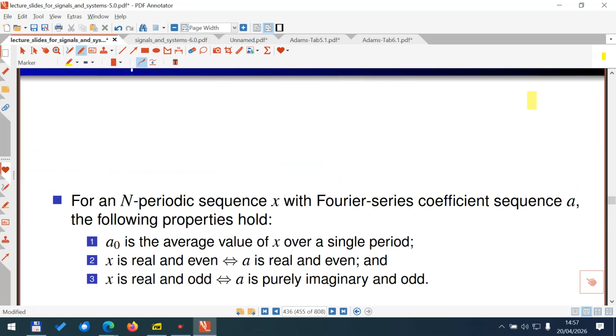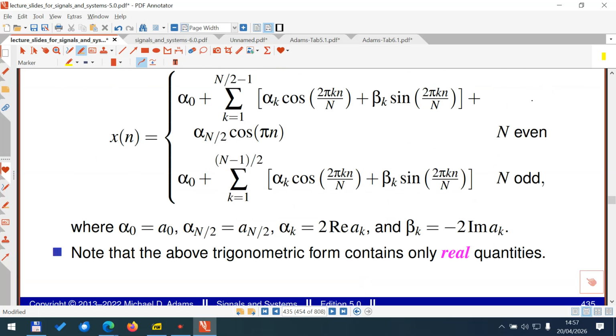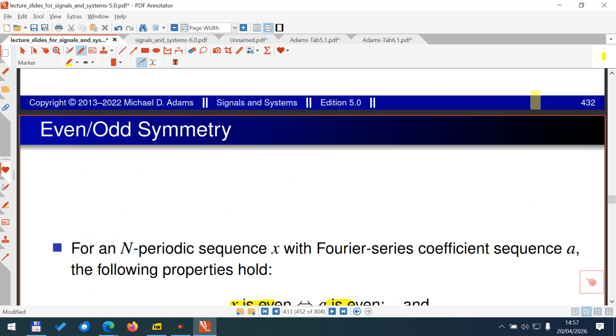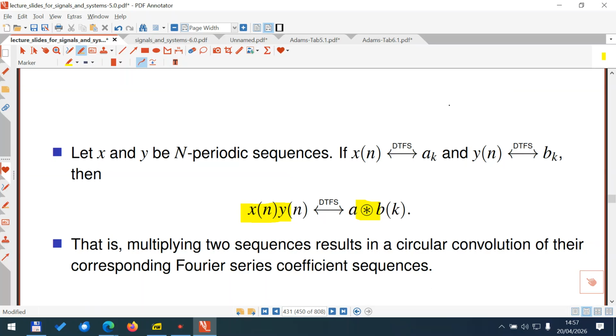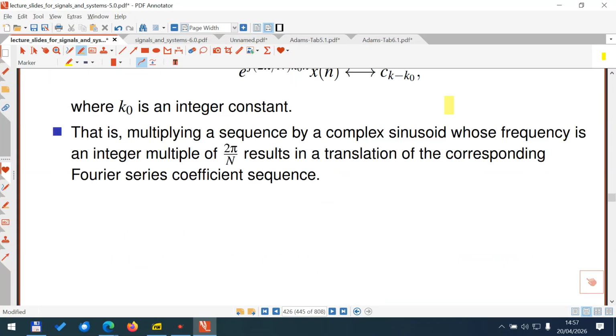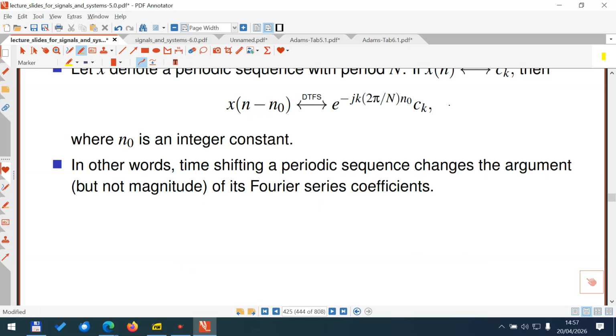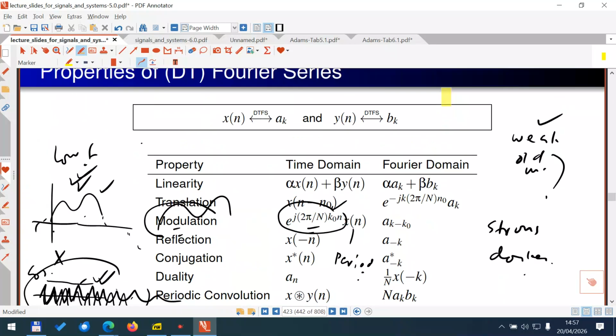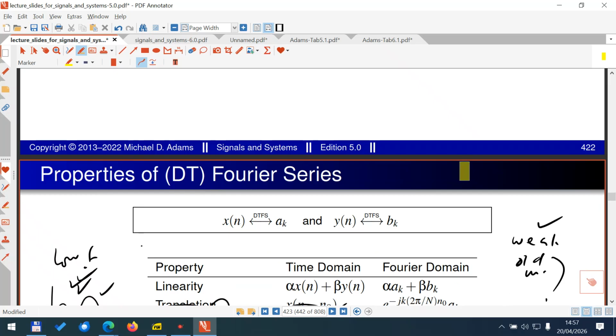One thing you need, let me take you back to that formula. Let me go to the original definition of discrete time Fourier series. When you see this, you have a discrete time signal and discrete time Fourier series and these coefficients, and you can have it for another one.